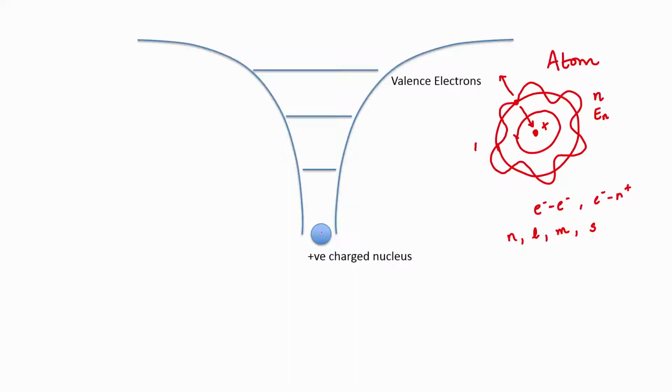What I have shown here is the potential profile for a positively charged nucleus, and in some sense this entity here represents the atom. So if an electron were to be present say infinitely far away from the nucleus, it would not see any of this potential, and we could say that the potential experienced by this electron is 0.